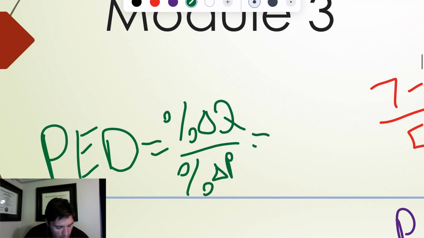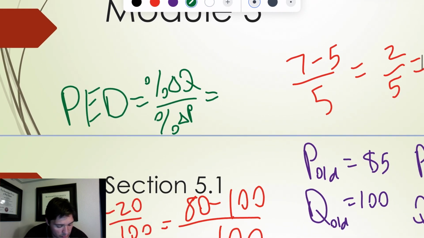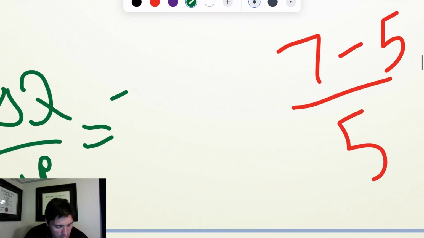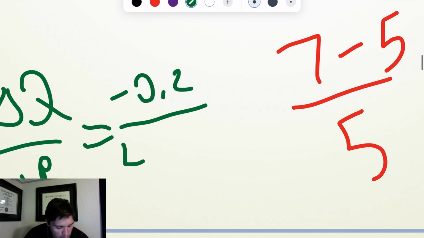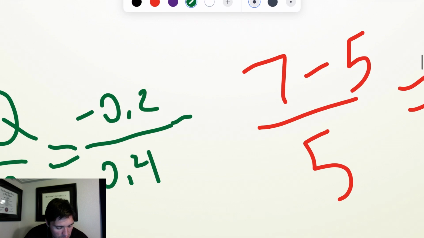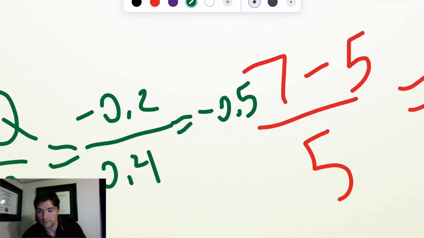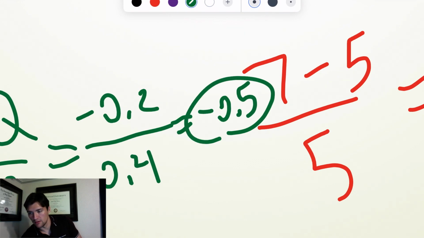The quantity was negative 0.2, and the price was 0.4. If you put this in your calculator, you should get negative 0.5. Let me double check that because I don't trust myself sometimes. Yes, so that is the price elasticity, negative 0.5.